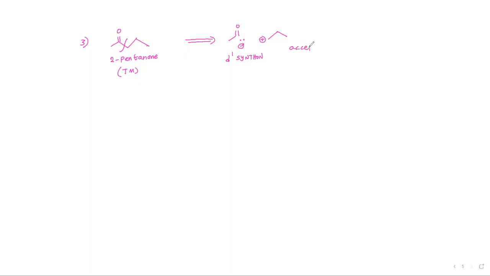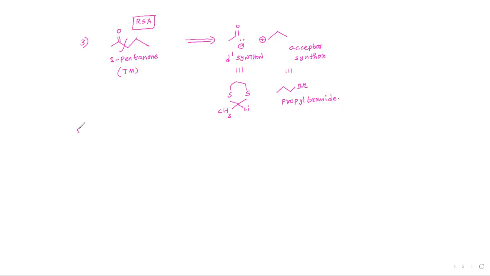The synthetic equivalent of the donor synthon will be a substituted dithiane, and the synthetic equivalent for the acceptor synthon will be propyl bromide. This is also a very interesting synthesis. Now this is the retrosynthetic analysis, RSA.